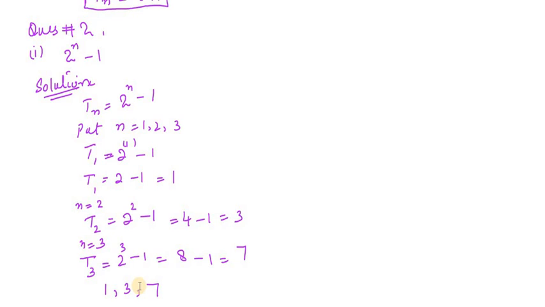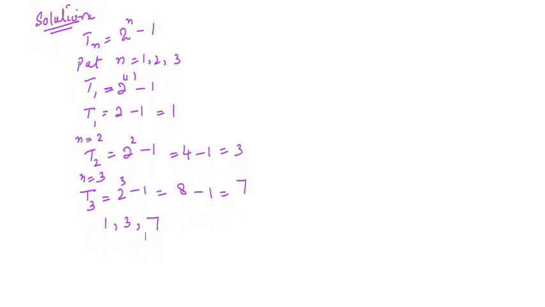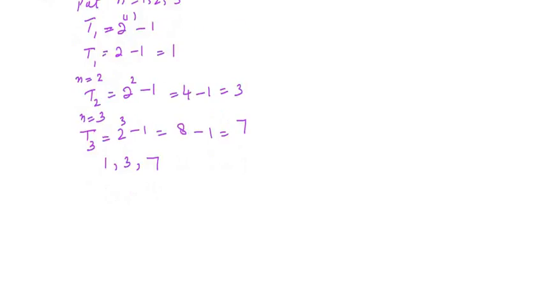And in question number 3 of exercise 6.1, there is a question: find the common difference and the indicated term in each of the following arithmetic progressions.